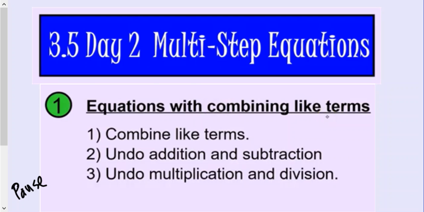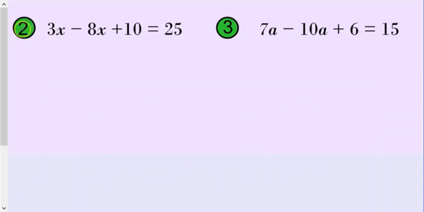Alright, let's look at some examples with combining like terms. So this first example, the equation says 3x minus 8x plus 10 equals 25. So we have the like terms of 3x and minus 8x. So our first step is going to be to combine those first.